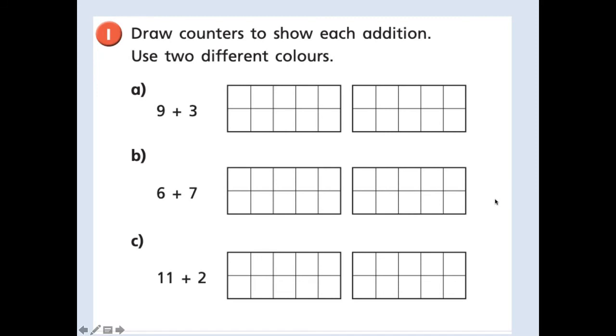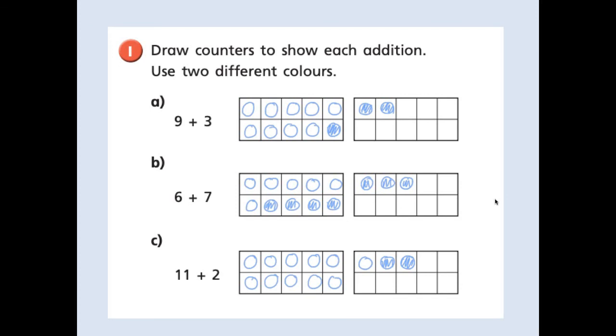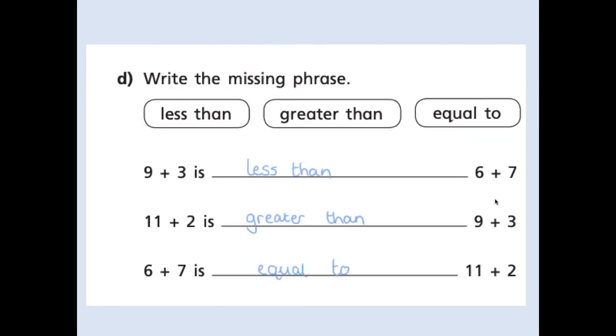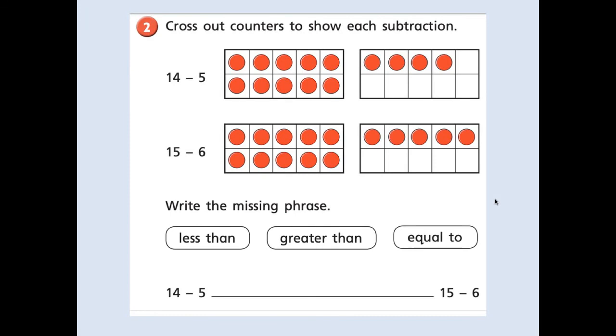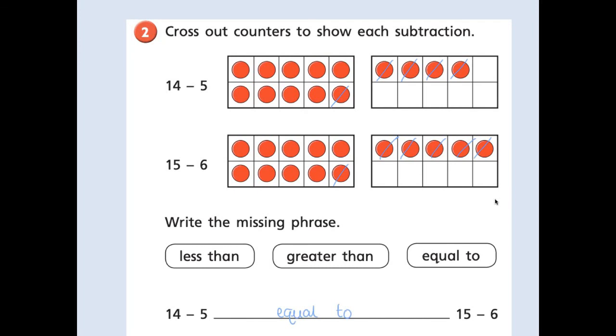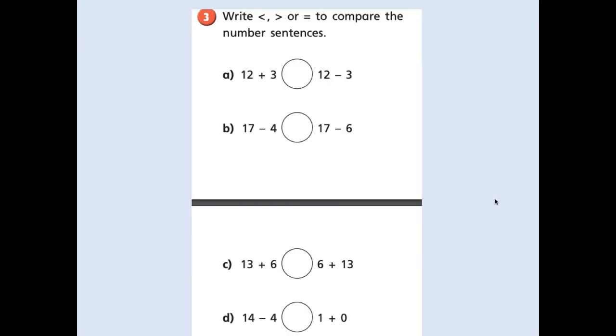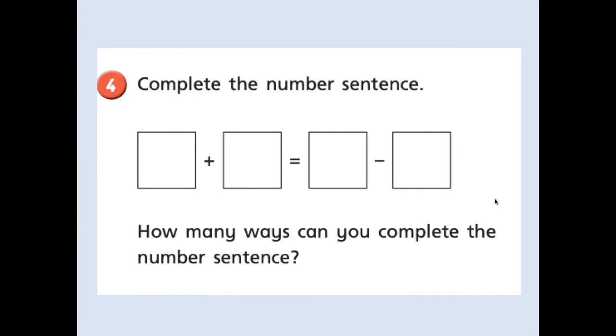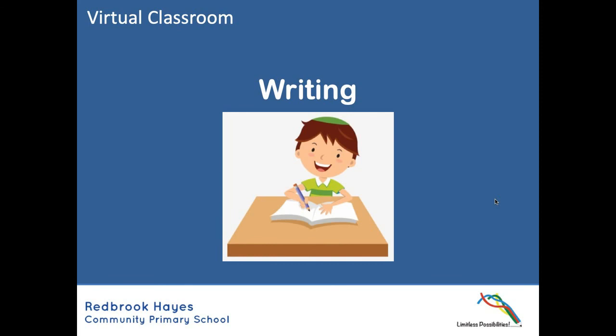So again, pause on each screen and then the answers will show. Okay, so now we've got our writing, so pause on the task and have a go for me.